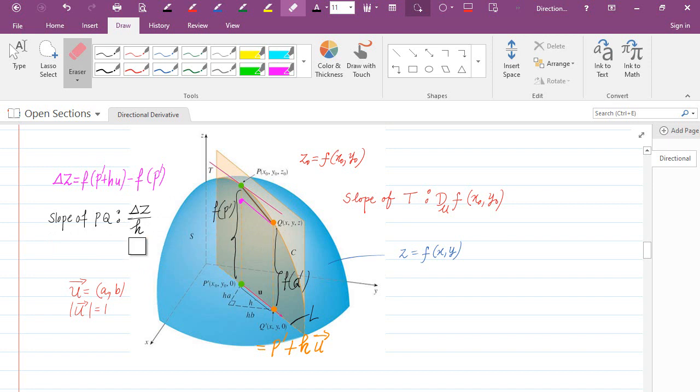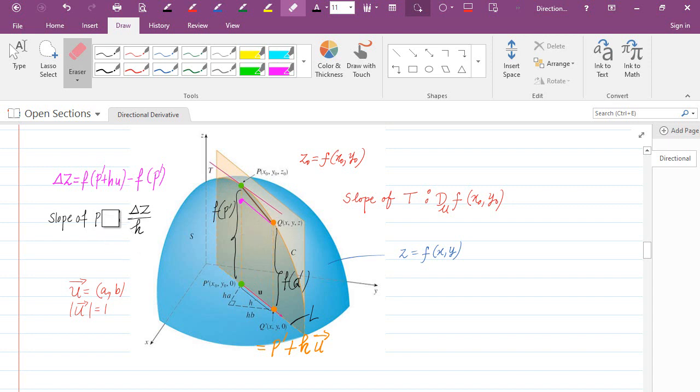Now notice that if h goes to 0, then the orange point here will go toward the point P, and so Q will go toward P. So the line PQ will merge into the tangent line here.